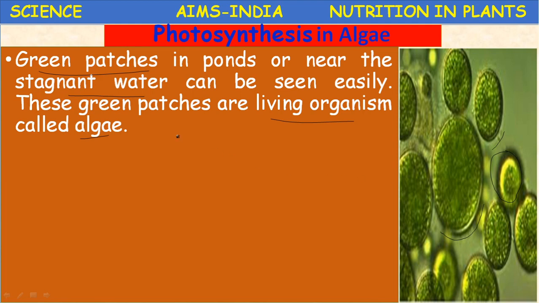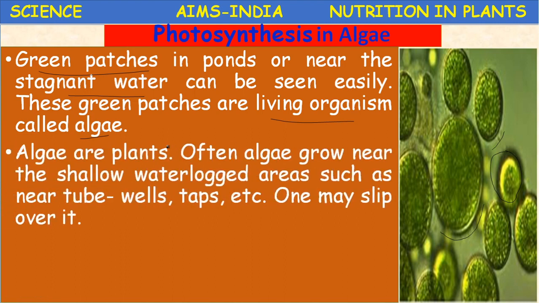Okay, like that the different algae you will see in the stagnant water. On the stagnant water, a layer of green patch, that is called green algae. So algae are plants. Algae often grow near the shallow waterlogged areas such as near tube wells, taps.